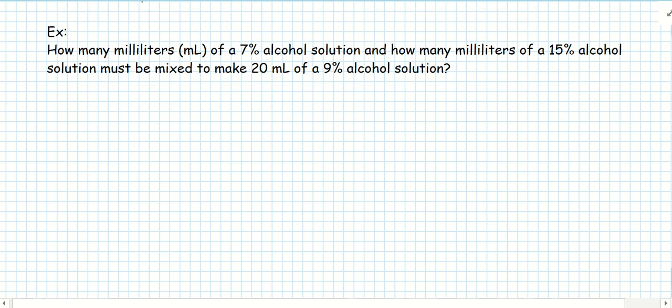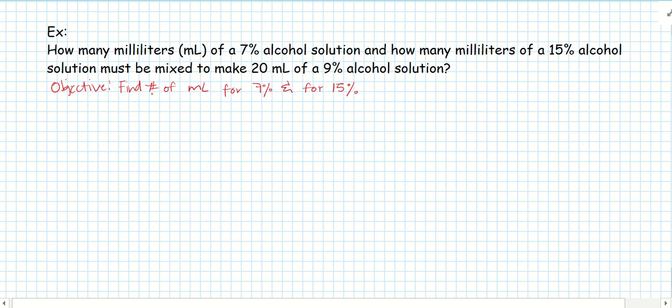Okay, so again, what is the objective? So the objective on this one is to find the number of milliliters for the 7% and for the 15%.